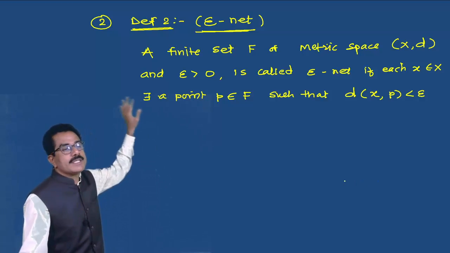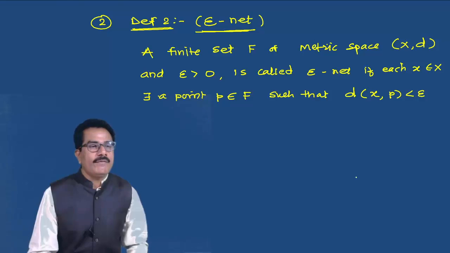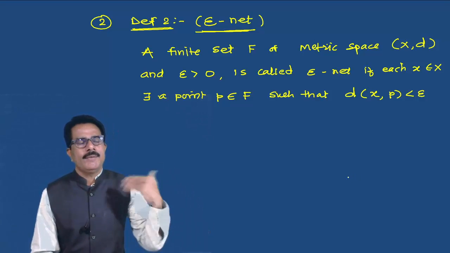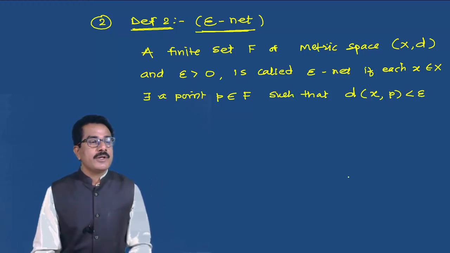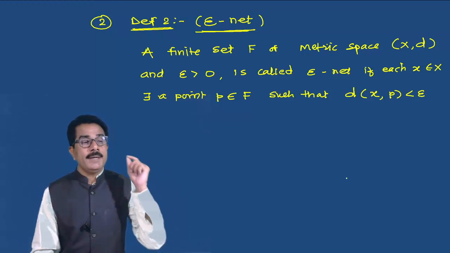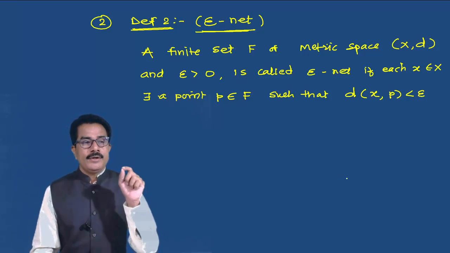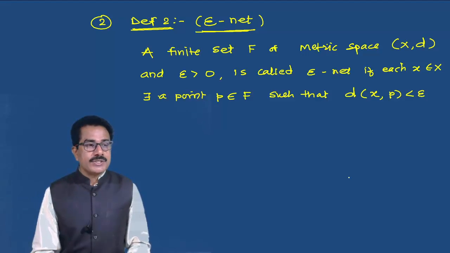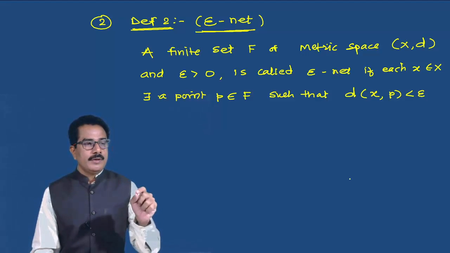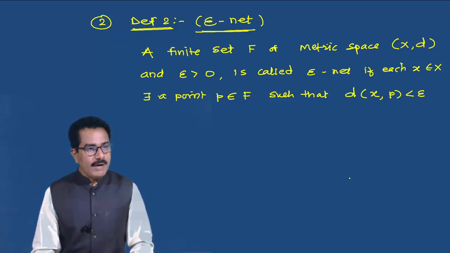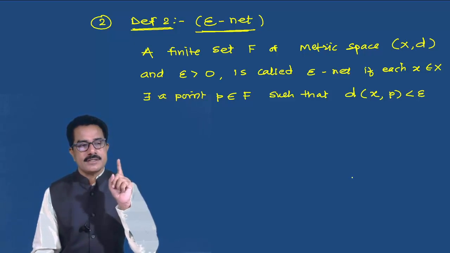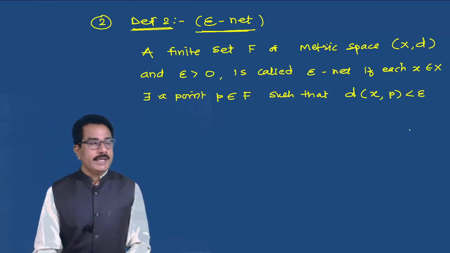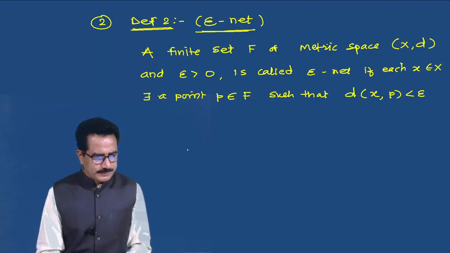This is one definition: a finite set capital F of a metric space X, d and epsilon greater than 0 is called an epsilon net if for each small x belonging to capital X, there exists a point p belonging to F such that the distance of x comma p is less than epsilon. This is one definition.